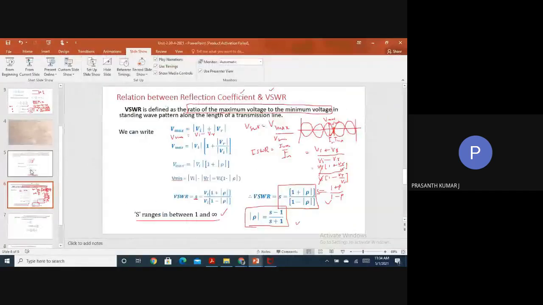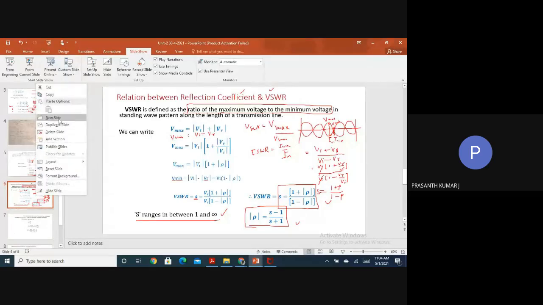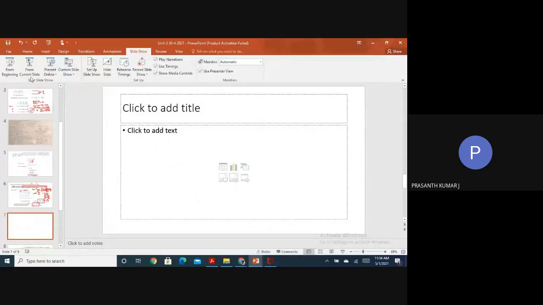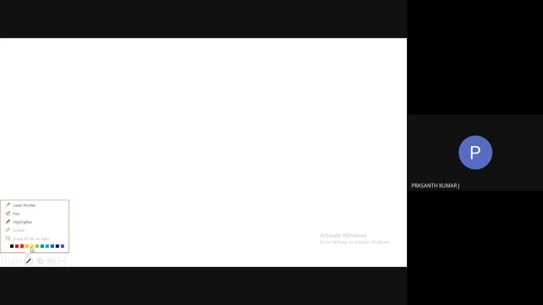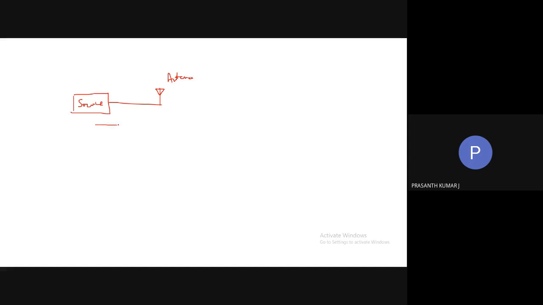I will show you. So this is a source, and this is a transmitting antenna. The source is transmitting some power to the antenna. For example, 100 watts power is transmitted to the antenna.